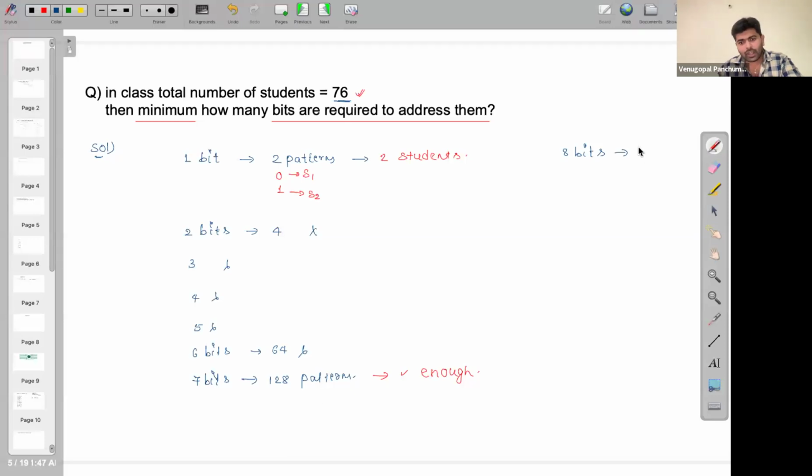Yes. With 8 bits, 256 possibilities you are going to get. But what is the question they are asking? Minimum. So minimum how many? Therefore, the answer is 7 bits. So understood, right, everyone? How to solve these kinds of things?